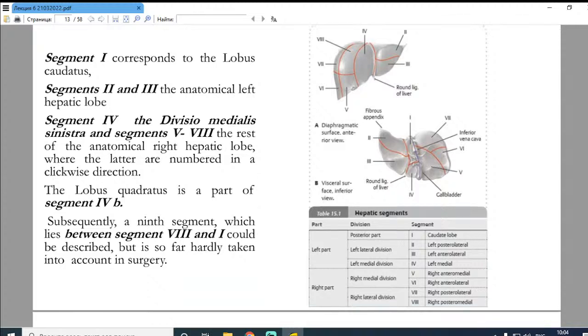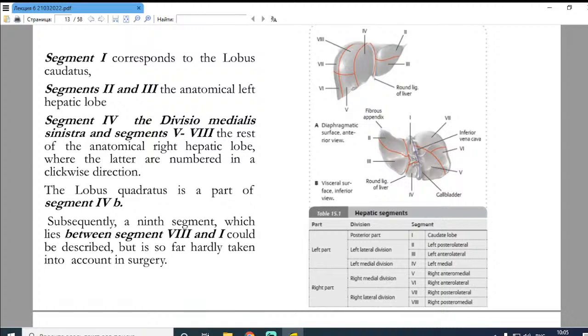Segment 1 corresponds to the lobus caudatus. Segments 2 and 3 are of the facies visceralis, the anatomical left hepatic lobe.